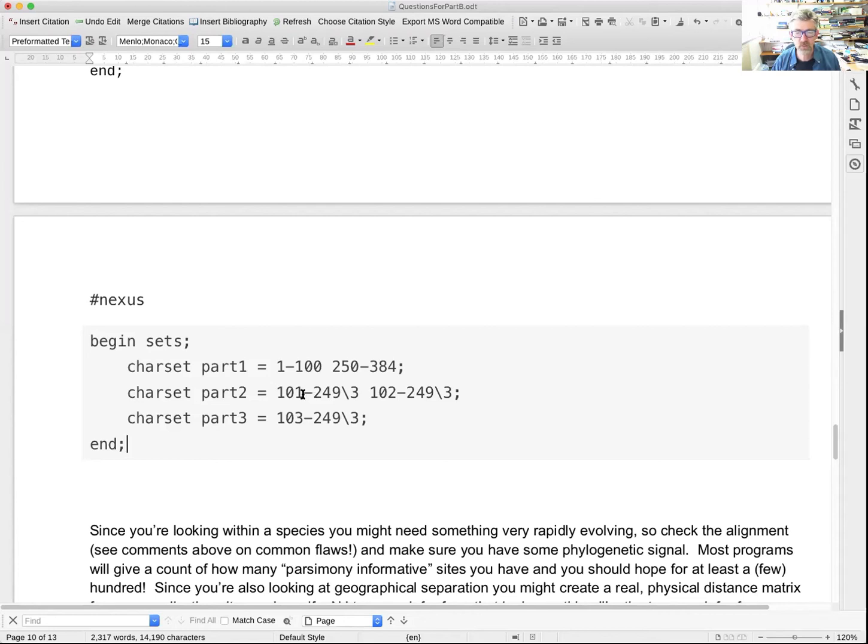So 101, 102, not 103, 104, 105, not 106, and so on. That's the whole expression that does that. So 101, 104, 107 from there, 102, 105, 108 from there. So that's how you can specify which parts you use in your model.